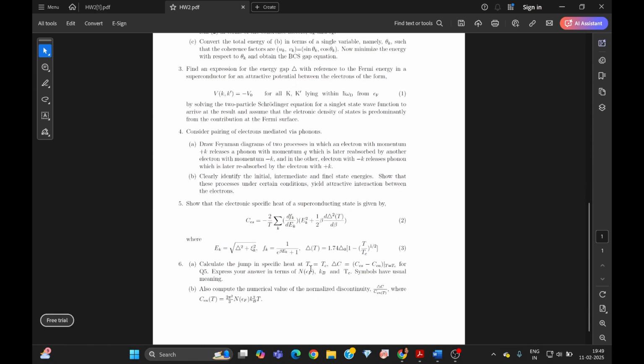Now moving to the fifth question. Okay, show that this process under certain conditions yields an attractive interaction between the electrons.